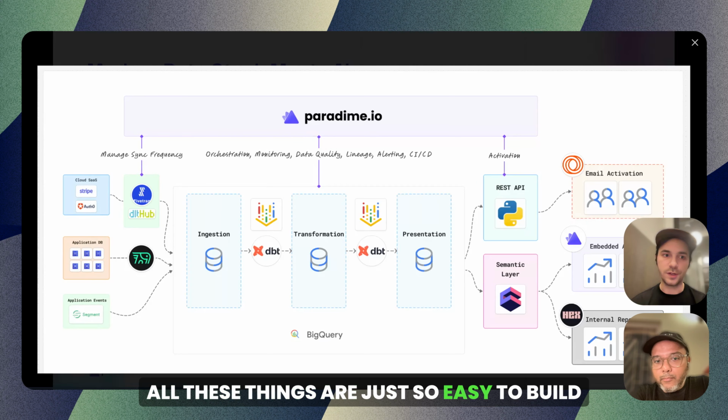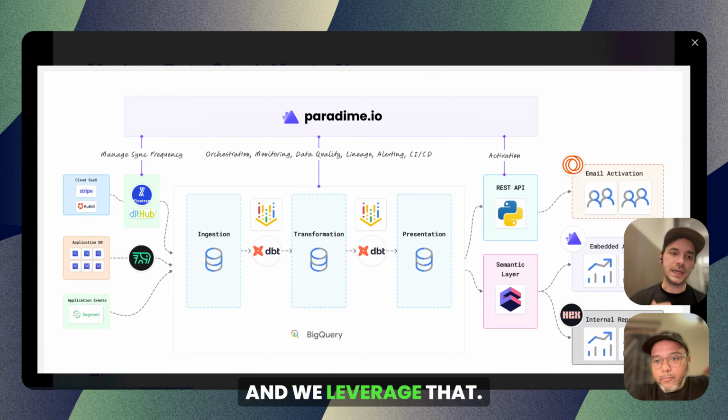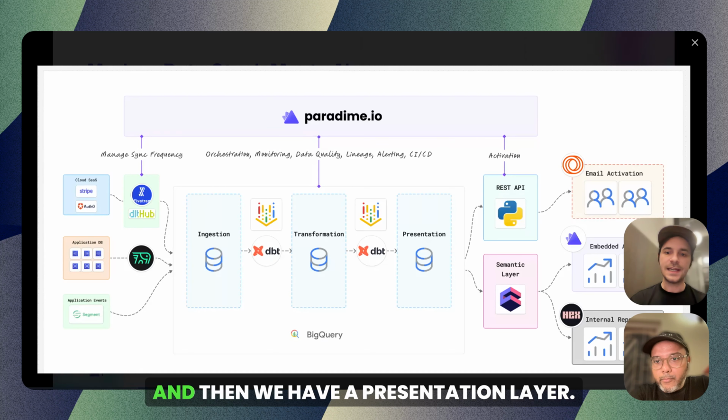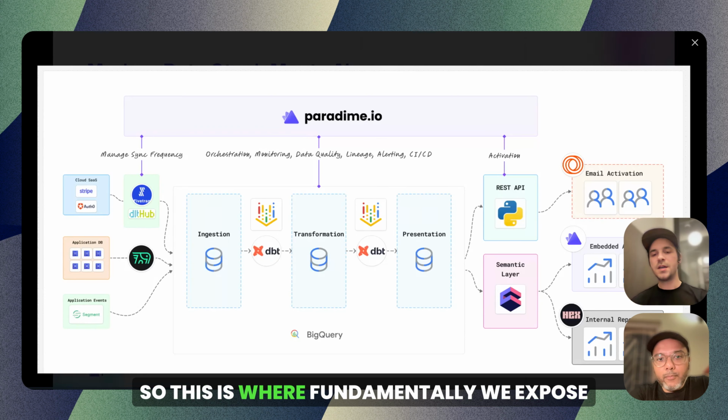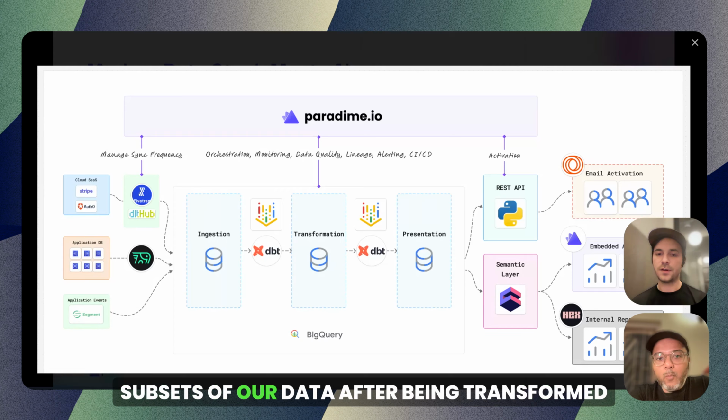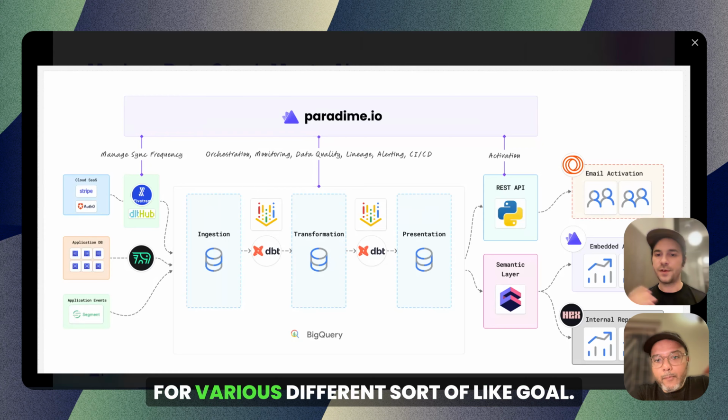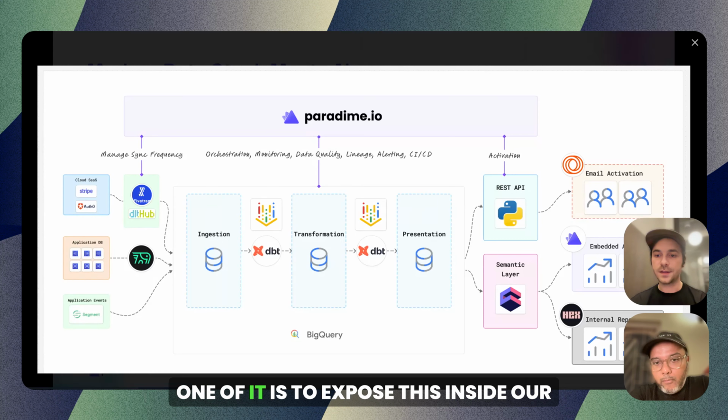All these things are just so easy to build right now, and we leverage that. And then we have a presentation layer. This is where we expose a subset of our data after being transformed for various different goals. One of them is to expose this inside our application.